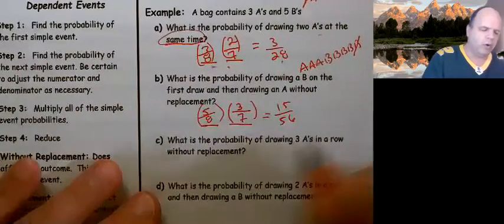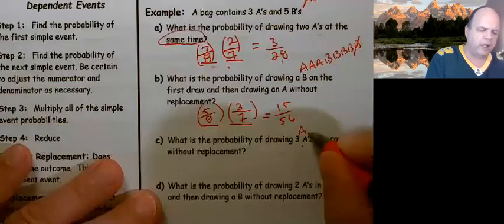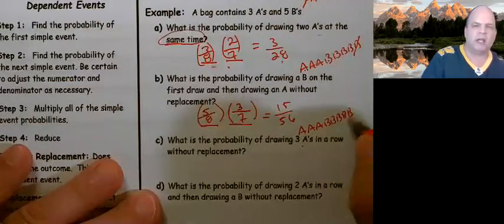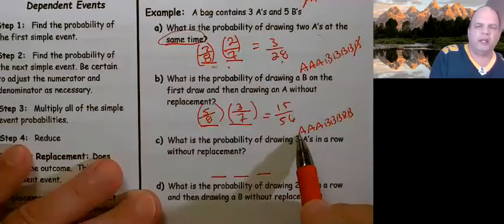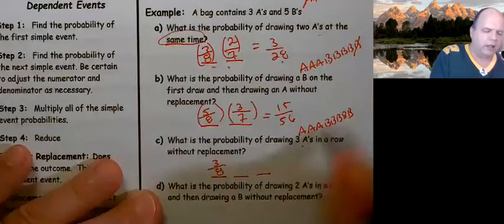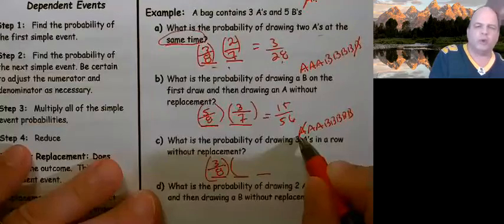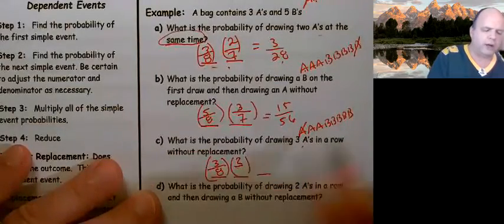Going back, what's the probability of drawing 3 A's in a row without replacement? So we have A, B, B, B, B, B. Well, we're drawing 3, so we need 3 blanks. The first one's pretty easy because we have 3 and we have 8 letters. But now that one is gone because we drew it. So we only have 2, and we need to be careful here.